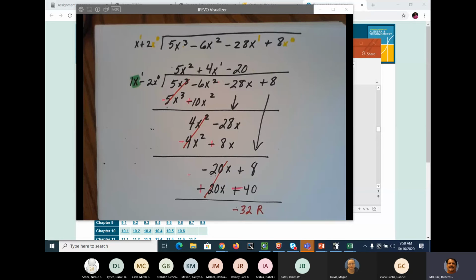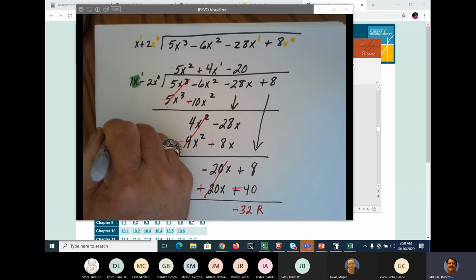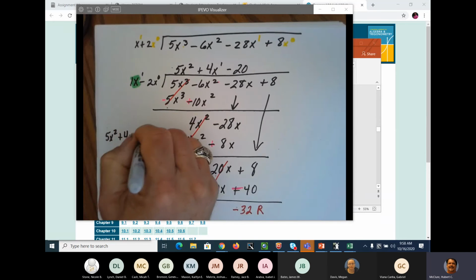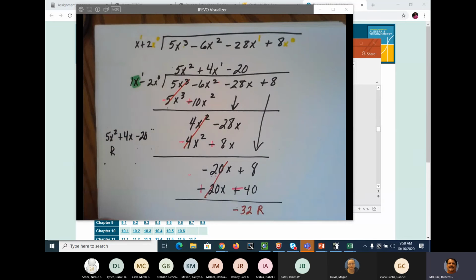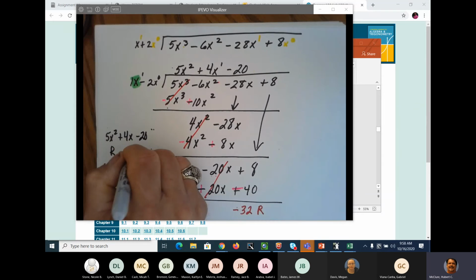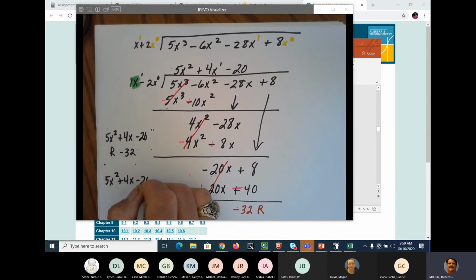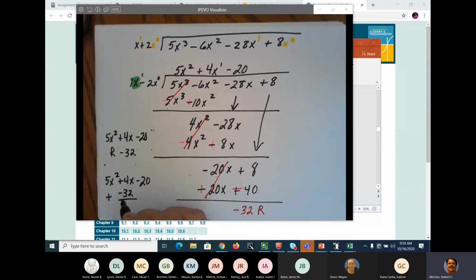And now you can rewrite your answer as 5x squared plus 4x minus 20 with a remainder of -32. Or you can write it as 5x squared plus 4x minus 20 plus -32 over x minus 2.